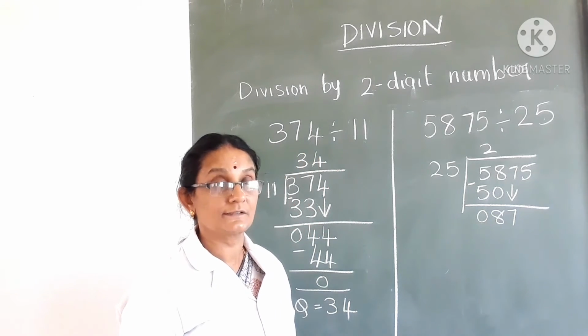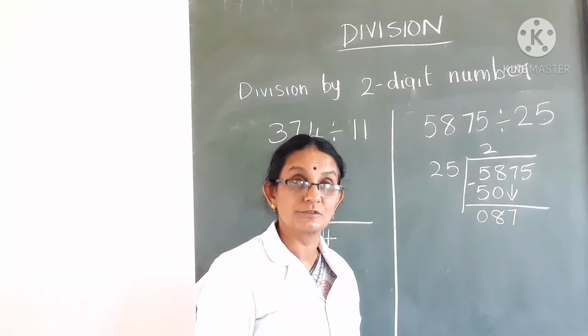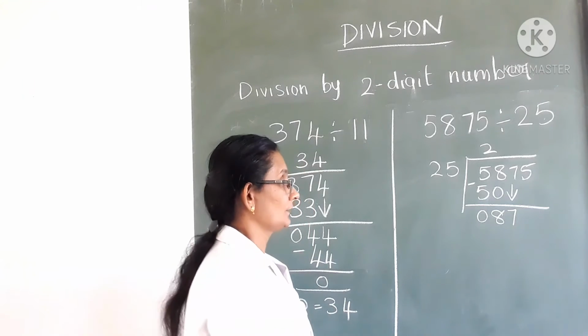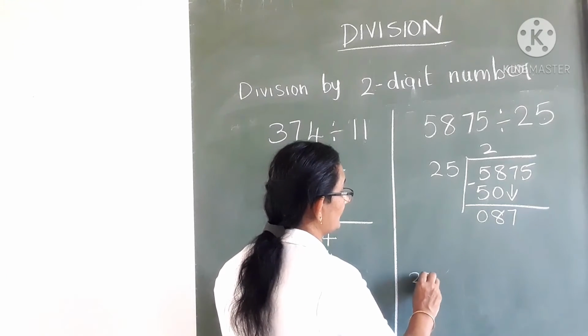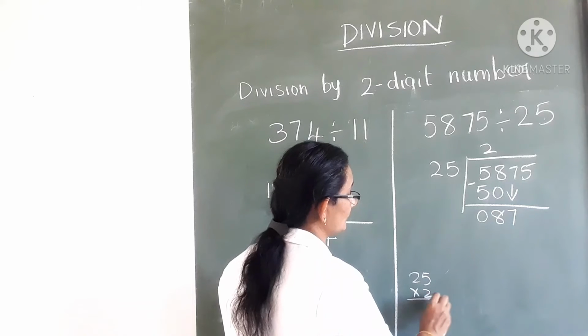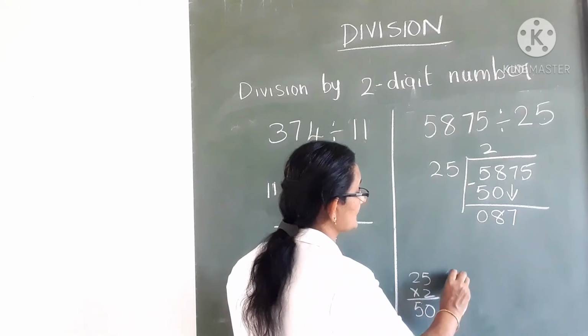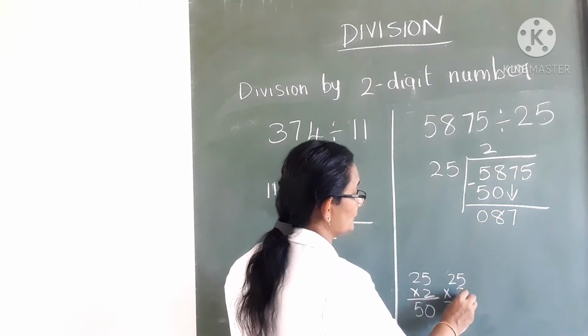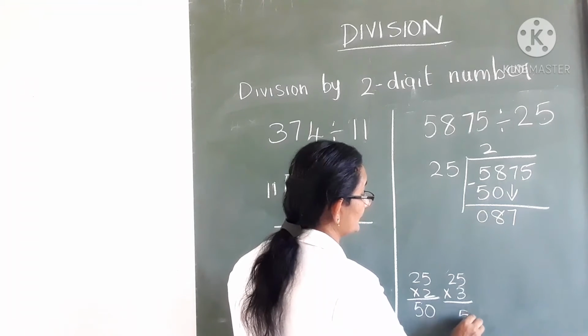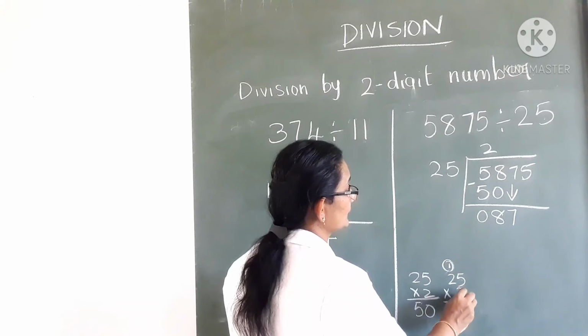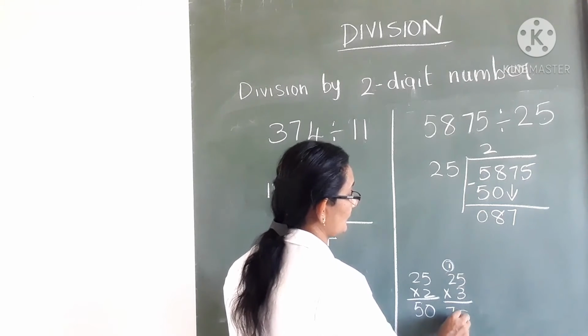Now let us see how many times 25 goes in 87. So you already know that 25 into 2 is equal to 50. So let us see what is 25 into 3. 25 into 3: 5 3s are 15. 3 2s are 6 plus 1, 7. So 75.